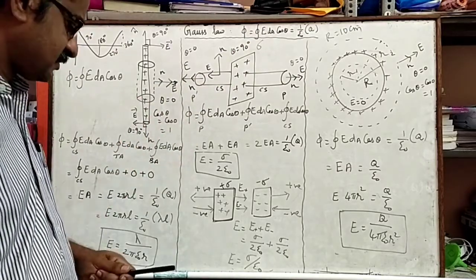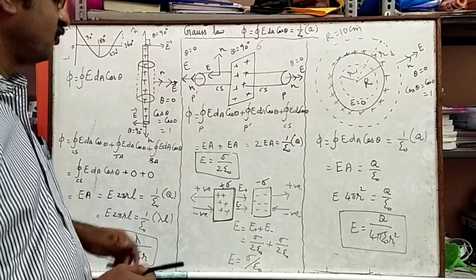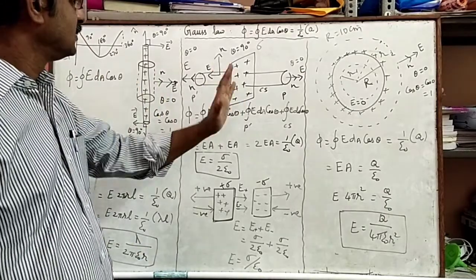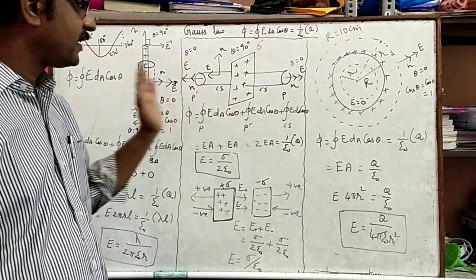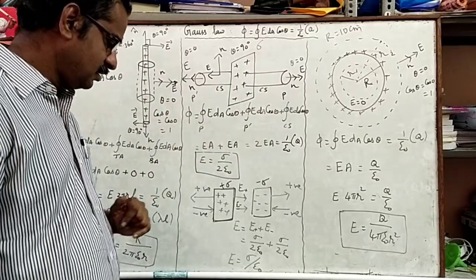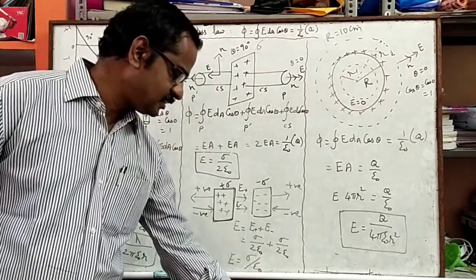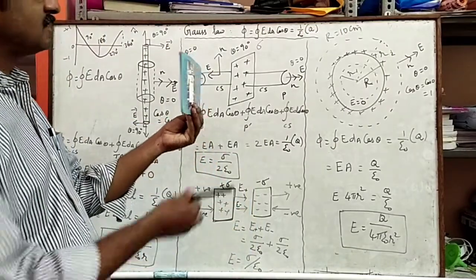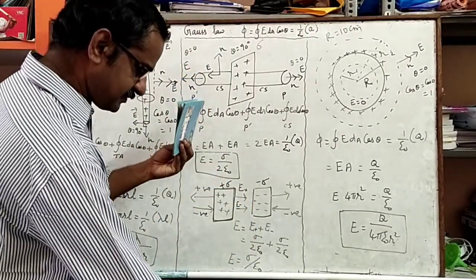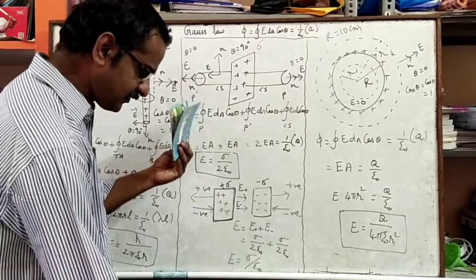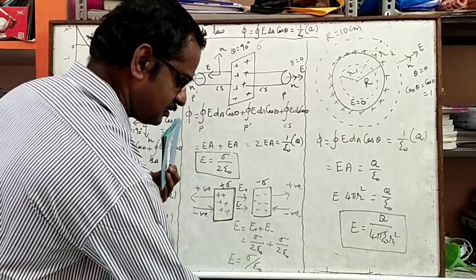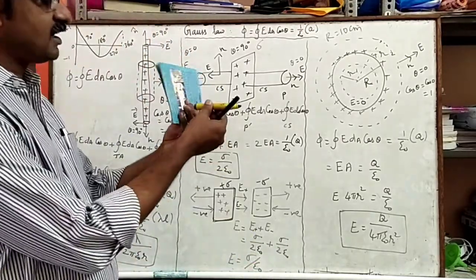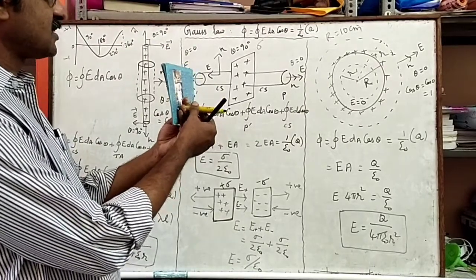Okay. Imagine electric force lines are acting parallel to the board. So if you imagine an area like this, then this is normal to the surface, and this is electric field direction. Imagine positive charges are here.